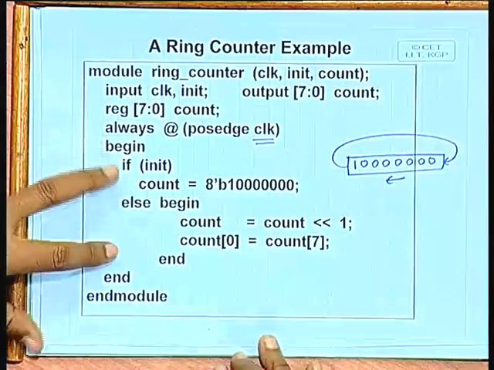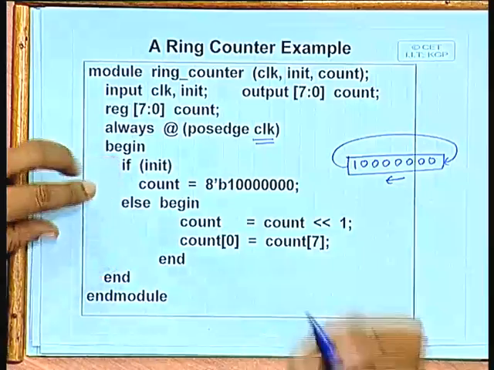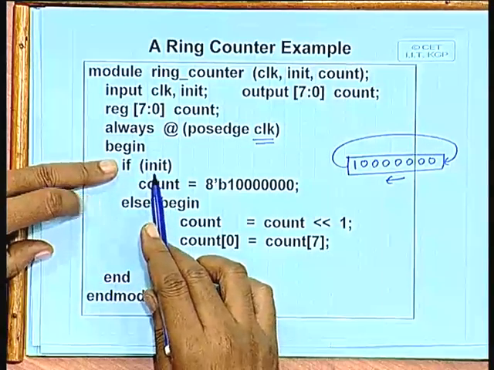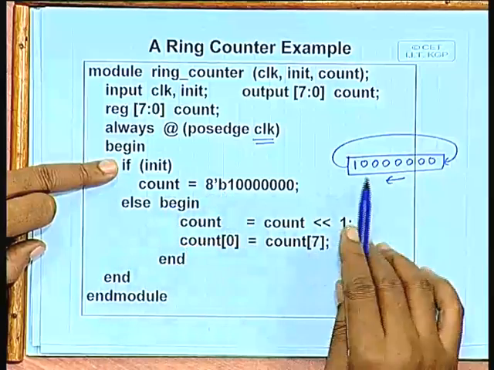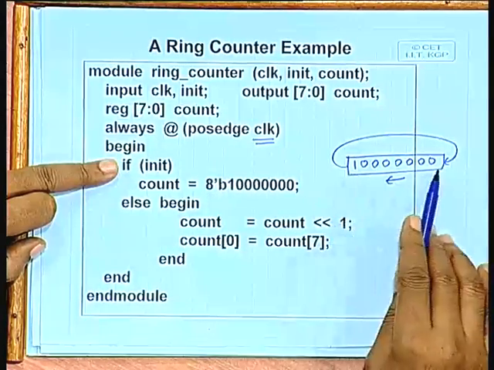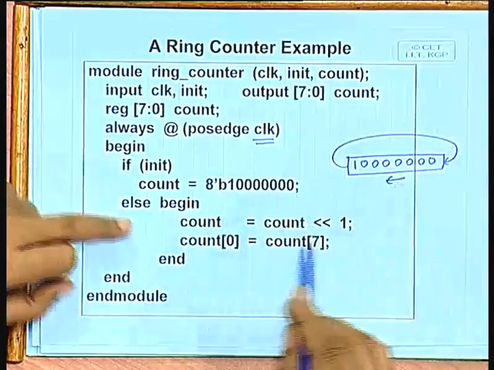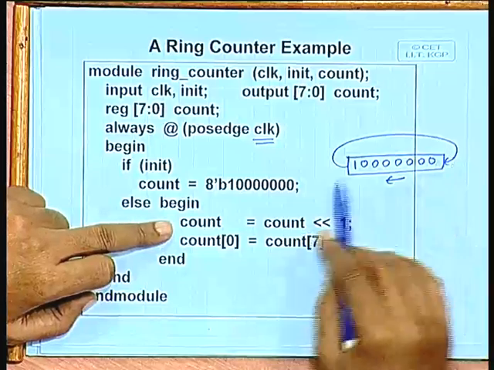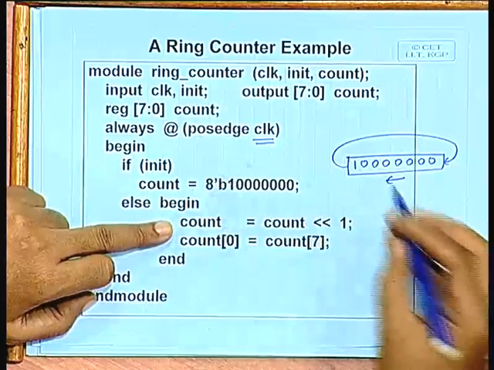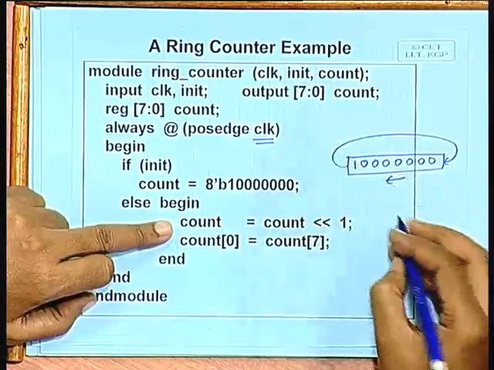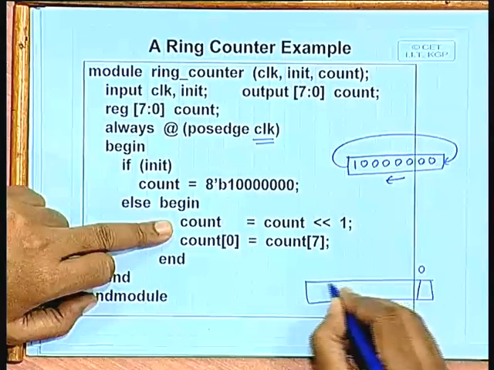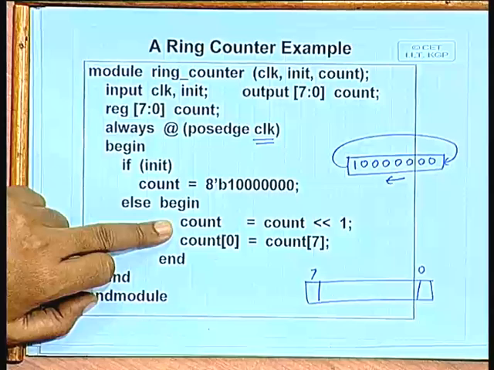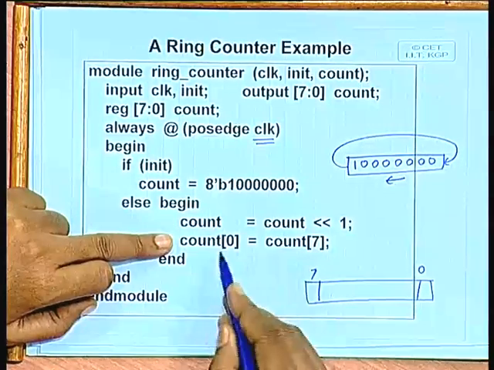In fact, this consists of a single statement. This says that if init is active at the clock, then you initialize the register with this initial value. Else, we left shift count by 1. The way we have defined count, the rightmost bit is 0 and the leftmost bit is 7. Then we assign count[7] to count[0].